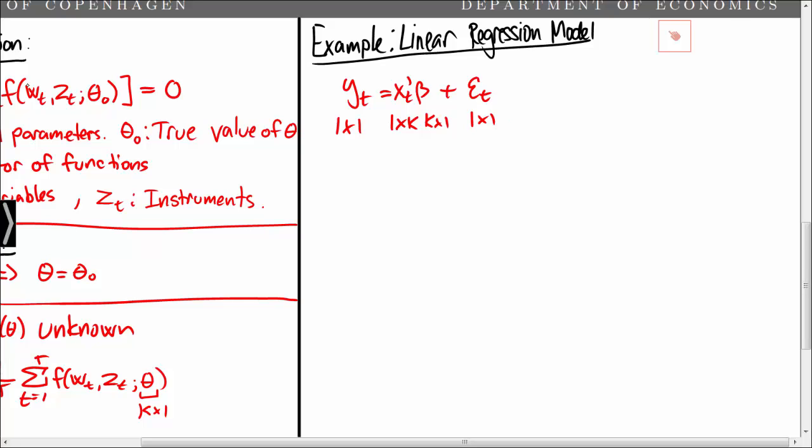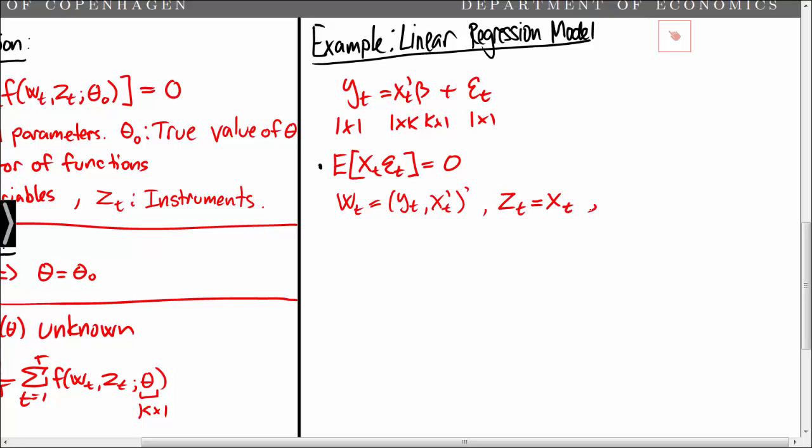First, we consider the case where xt and epsilon t are uncorrelated such that the moment condition is satisfied. In this case, we have that the model variables are yt and xt. Given that the moment condition is satisfied, we can consider xt as the instruments.